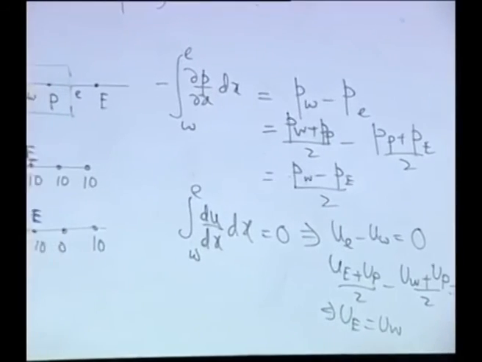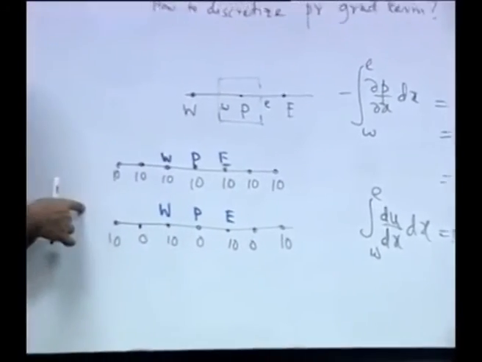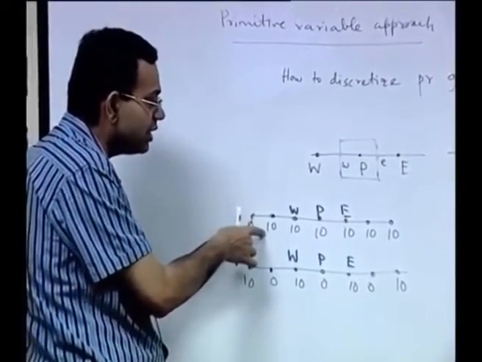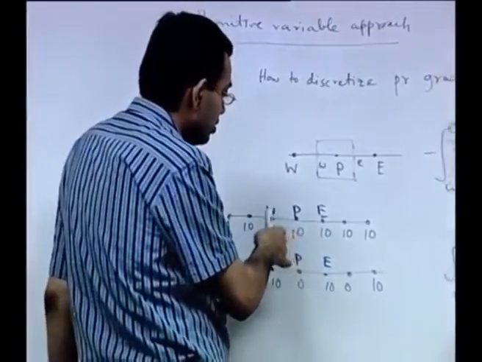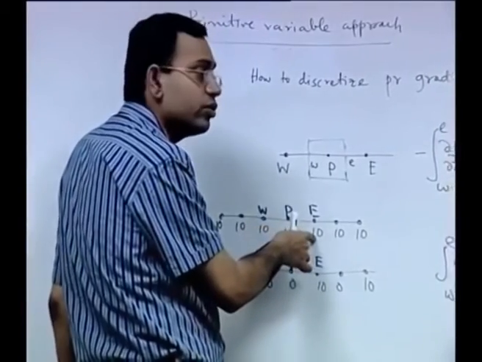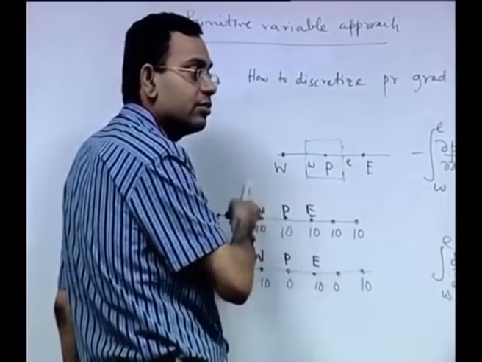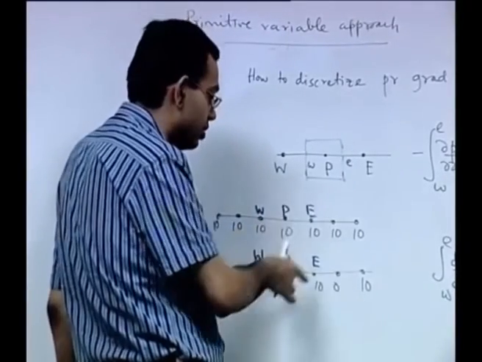So, instead of the pressure field let us consider these as velocity fields. This velocity field satisfies u e equal to u w, and this is a uniform velocity profile in one dimension, du dx equal to 0.